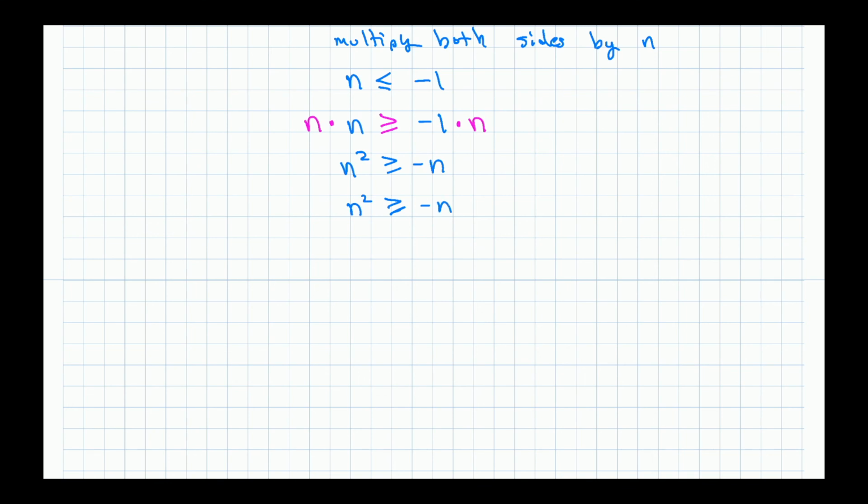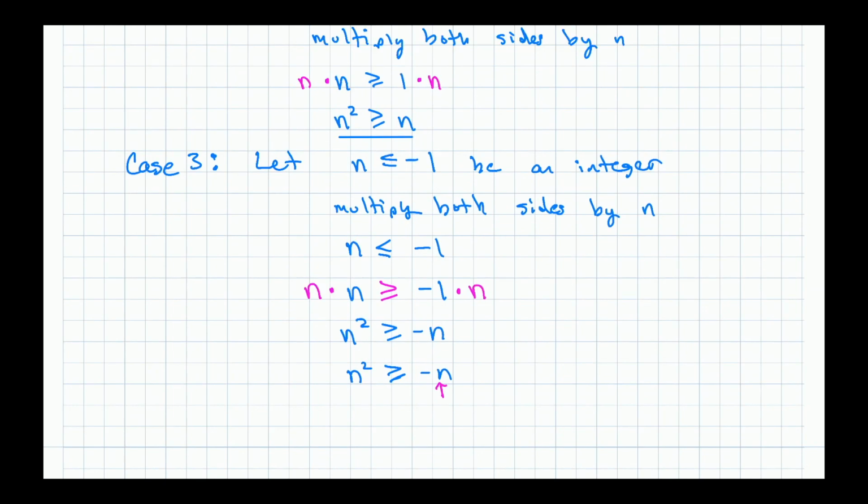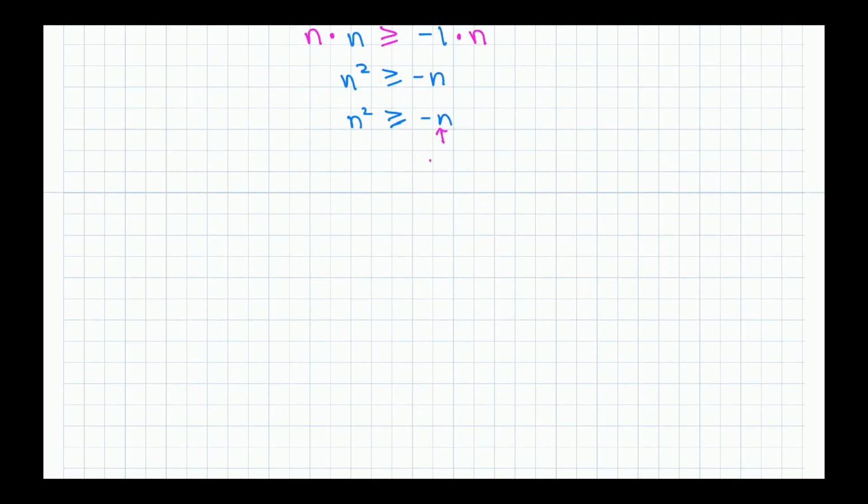Let's think a little bit about this number right here, negative n. What can we say about it? What we can say about negative n is that it's positive, right? Because n is negative, so that means negative n is positive. So this is a positive number, right?